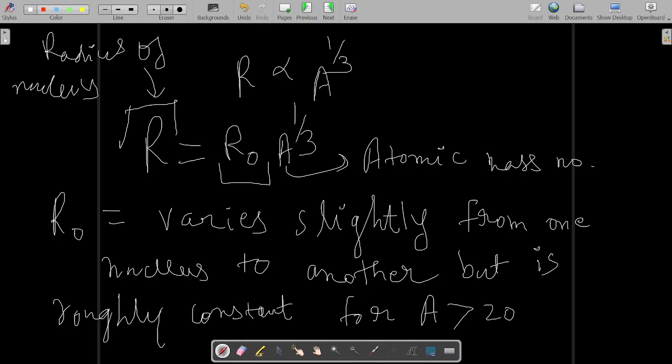So this R naught value varies slightly from one nucleus to another.